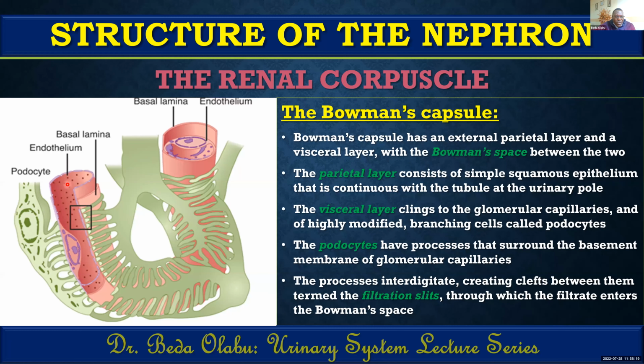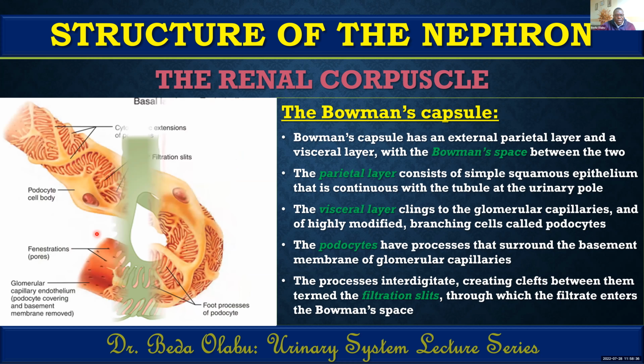And so the plasma will go through the fenestra of the capillaries, then go through the basement membrane there, then go through the filtration slits of the podocytes. This image captures for you the podocytes as they envelop around a particular fenestrated capillary of the glomerulus.